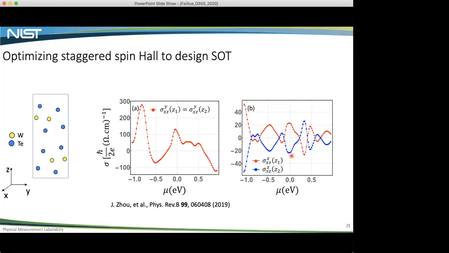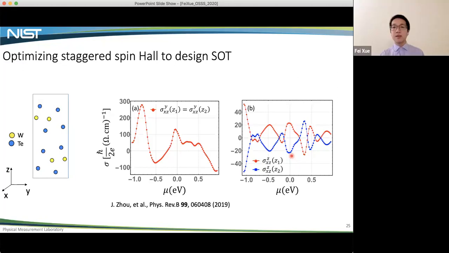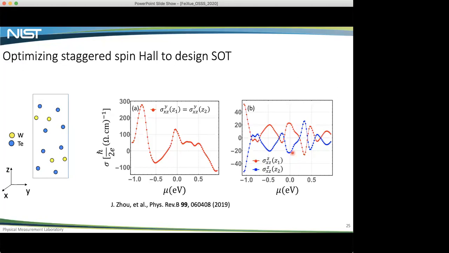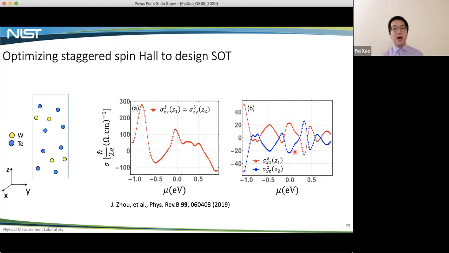Yeah, but you're calculating these currents in an infinite sample. So if you now take a finite thickness with only a few layers and you cut it, is it going to be suppressed compared to the bulk value, as a non-staggered one would be if your thickness is smaller than the spin diffusion length, or not in that case? I don't think so.